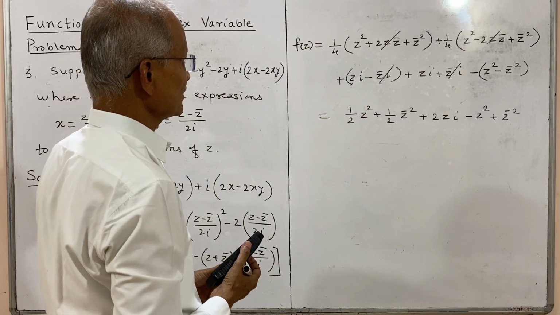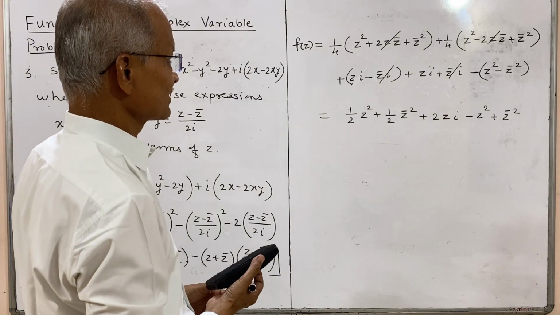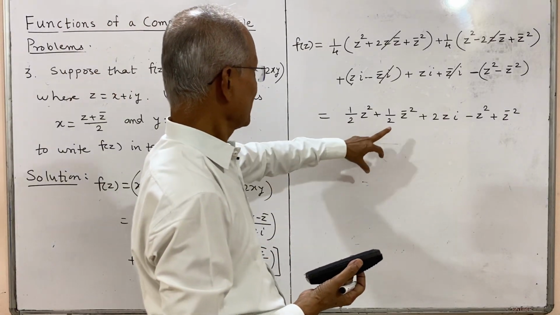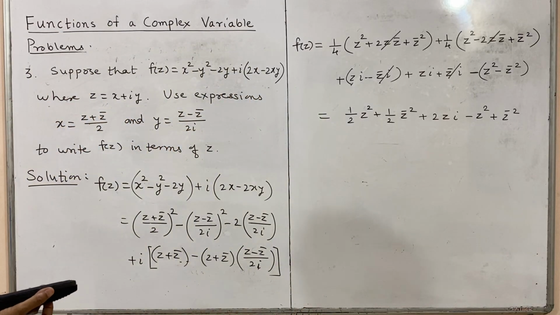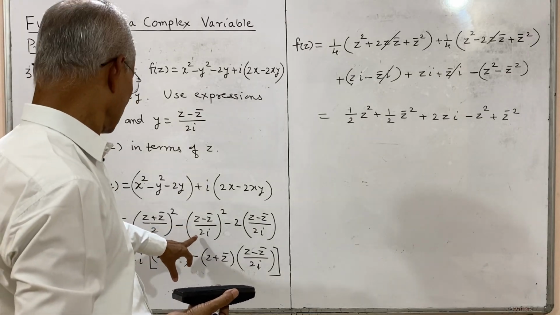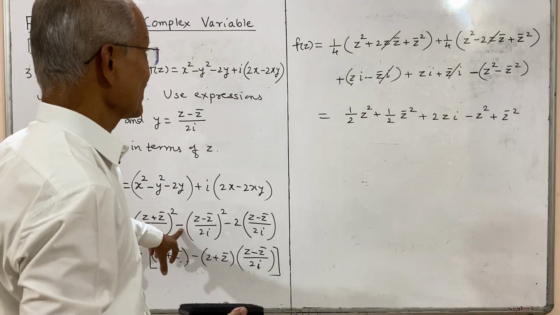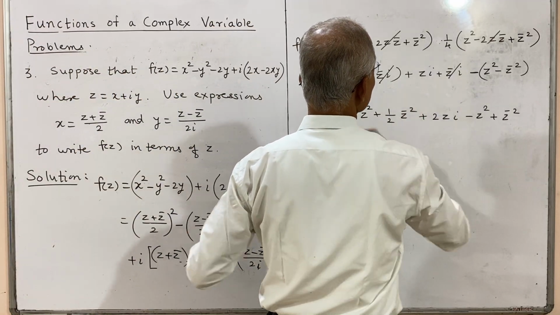And you see plus z bar square, and this is half z bar square. So some calculation we have to check here. So here is a minus sign, so I have made a mistake here, so this is minus.